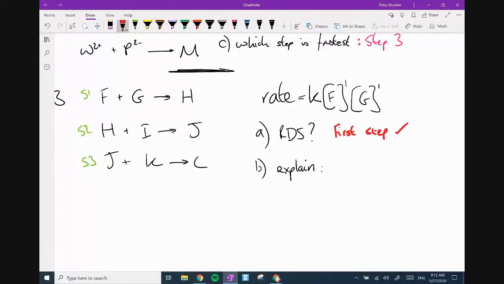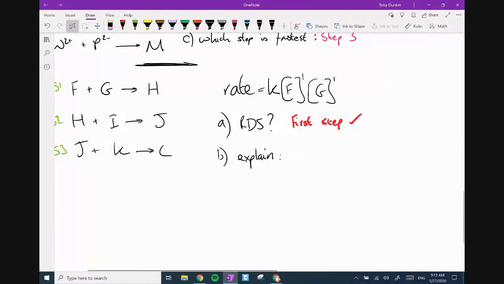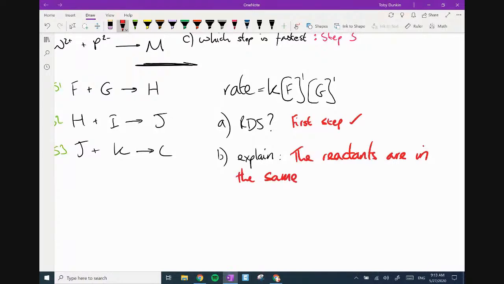Thank you, Donna, thank you, Nikita. And the explanation is the reactants are in the same ratio as found in the rate equation.